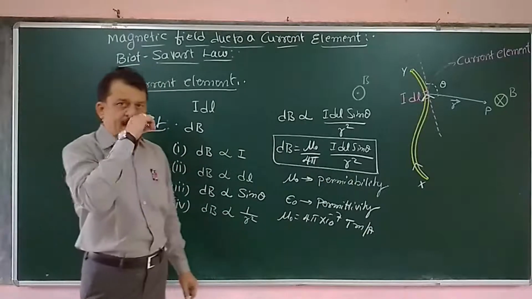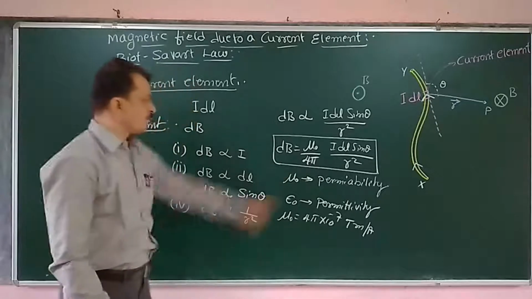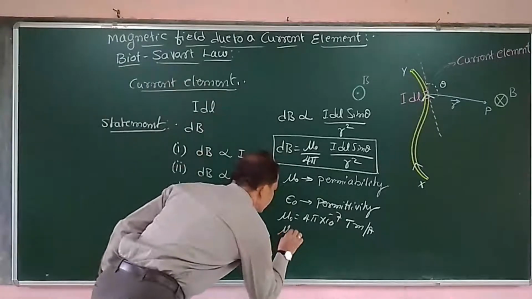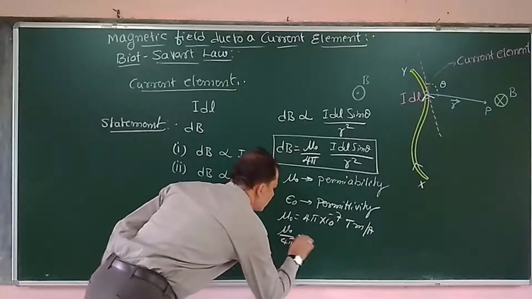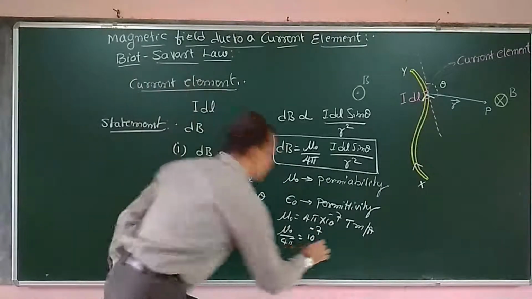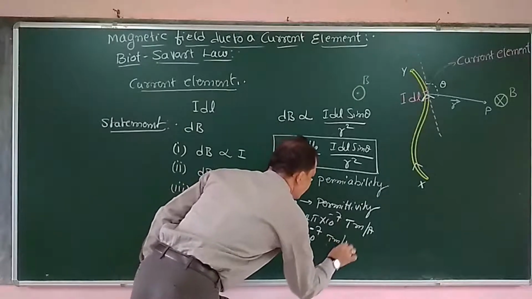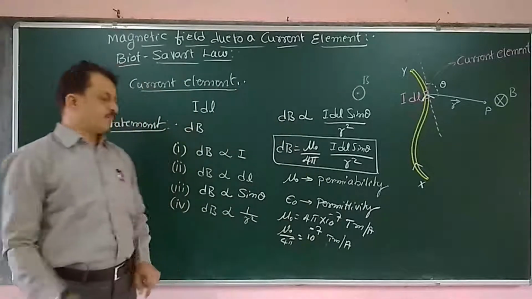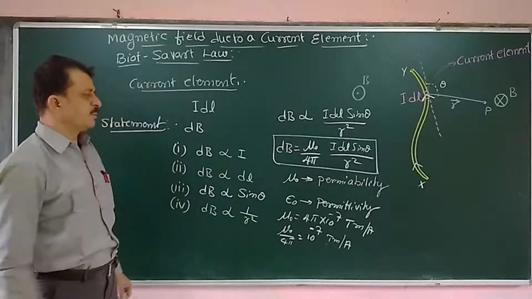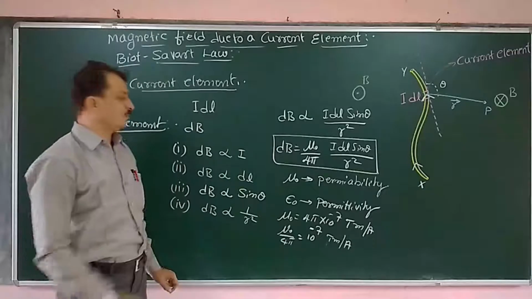Therefore mu naught divided by 4 pi is equal to only 10 to the power of minus 7 Tesla meter per ampere. So that is Biot-Savart's law.